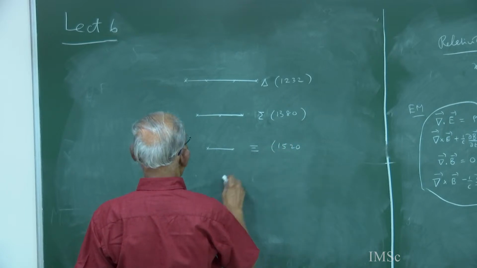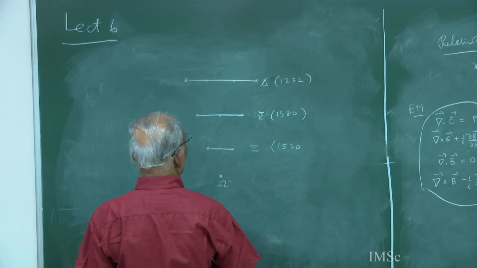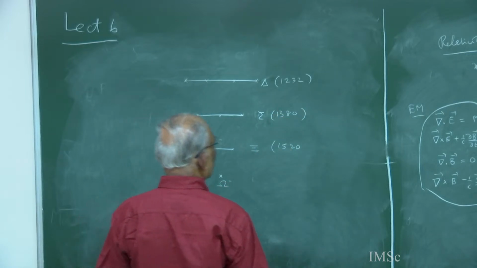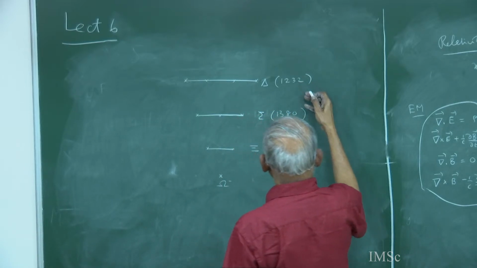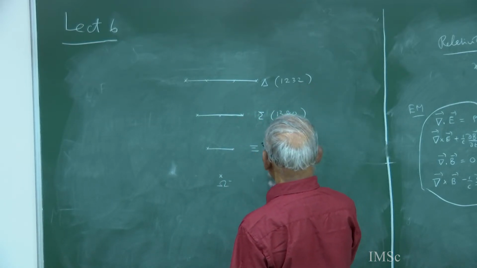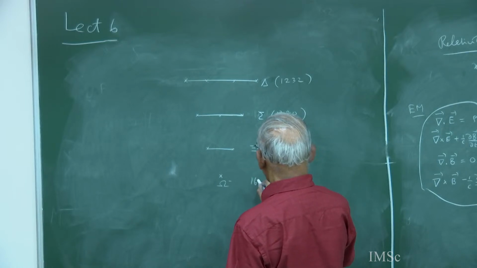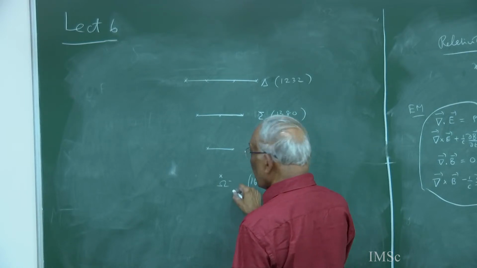So this was all known, and he predicted that there has to be another particle, a singlet, omega minus, and he had already worked out the equal spacing rule, the mass formula, and these differ by about 140 or 150 maybe, and adding that he predicted the mass. So the particle was found exactly at this mass.